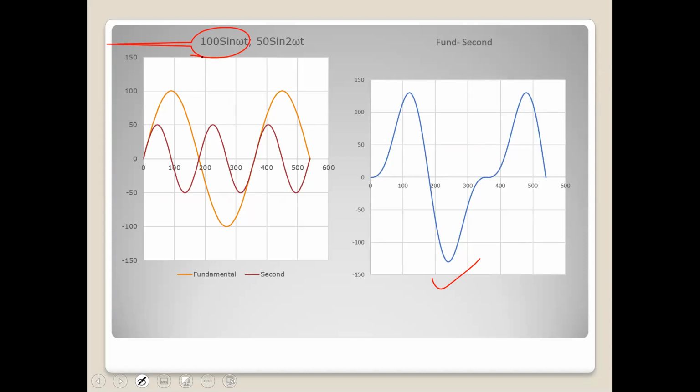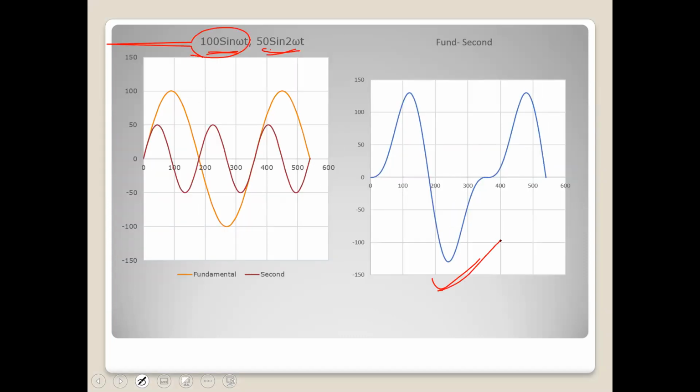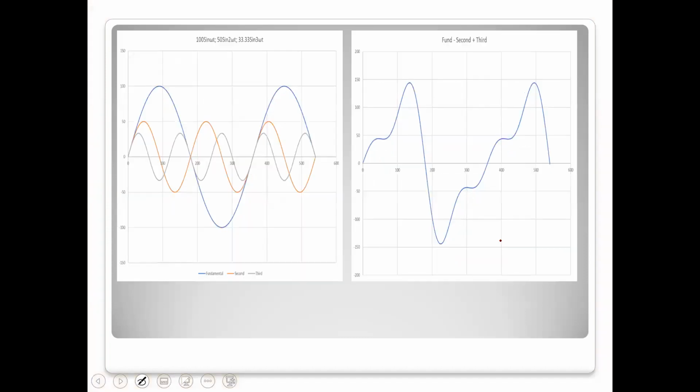But anyway, if I add the fundamental, which is the 100 sine omega t, and the 50 sine 2 omega t, when I combine those, we'll get this. If I now add the 1/3, this is now what I get. All right. And I trust you will see the progression that ultimately we are going to be getting something like that.